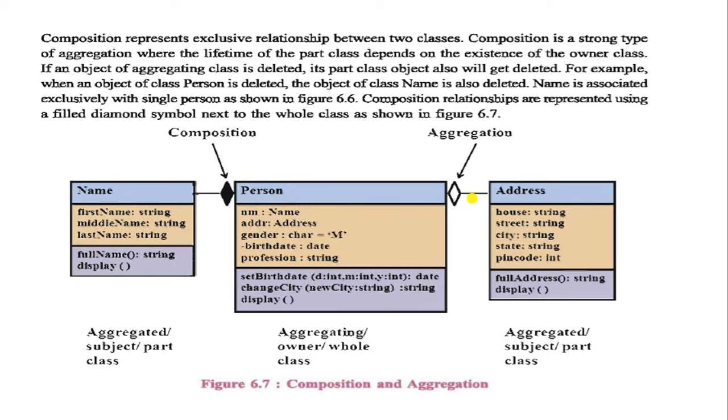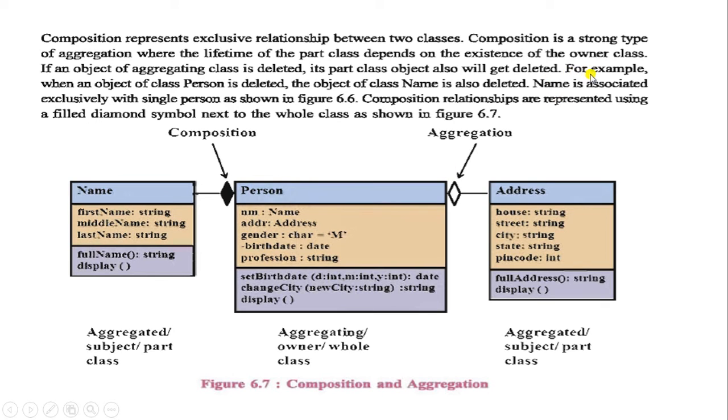For example, if an object of class person is deleted, the class name attributes are also deleted. Person is the owner class, and when its object is deleted, the associated class attributes are also deleted.